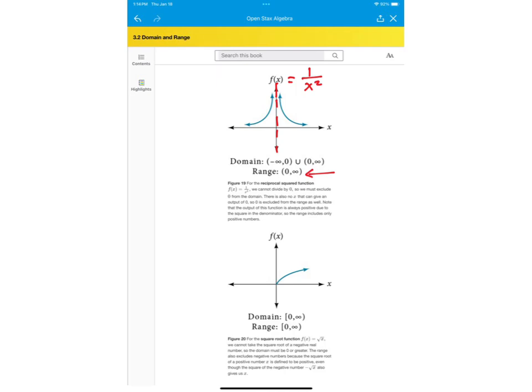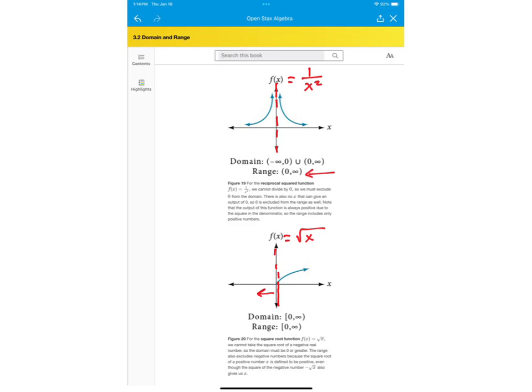Okay. And the bottom one here. This is the square root function. So f of x equals the square root of x. Notice that there's nothing to the left.